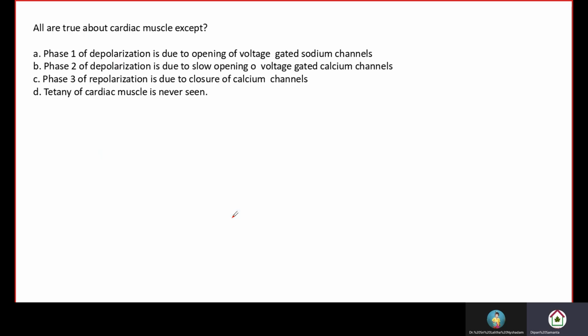Okay. So next question, all are true about cardiac muscle except: A, phase 1 of depolarization is due to opening of voltage gated sodium channels. B, phase 2 of depolarization is due to slow opening of voltage gated calcium channels. C, phase 3 of repolarization is due to closure of calcium channels.